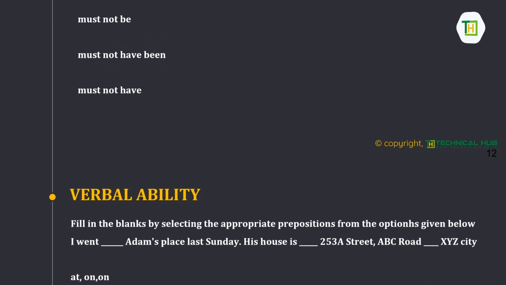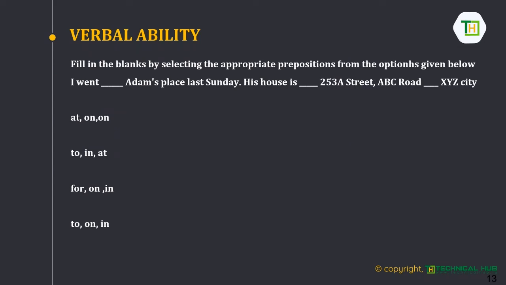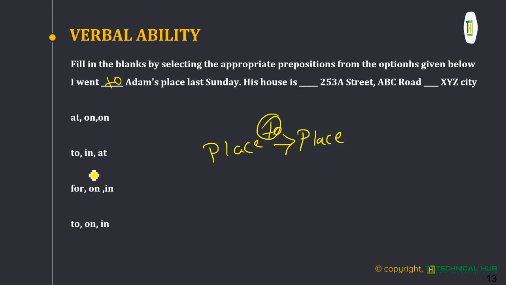Next one. Here you need to add the prepositions. I went dash Adam's place. When you change from one position to another position, you have to use to. So I went to. Looking at the options, this and this are mistakes. I went to Adam's place last Sunday.